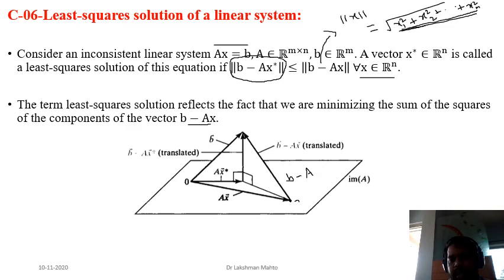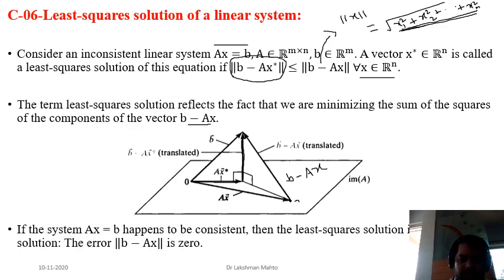This is b minus Ax, and your ultimate job is that you have to minimize over x in such a way that you see this situation. That means you are willing to find A times x star, so that A times x star becomes the projection of b in the column space of A. So you are looking for this least value. That is the criterion geometrically.